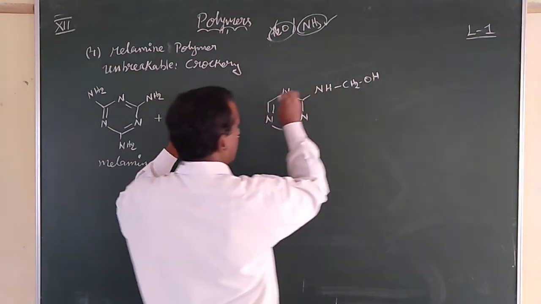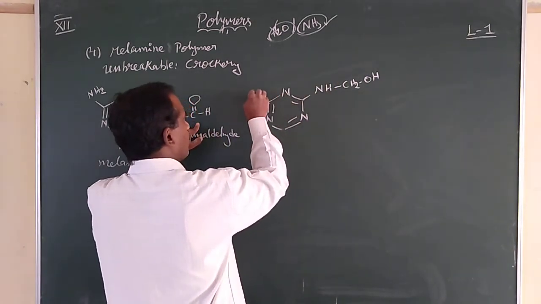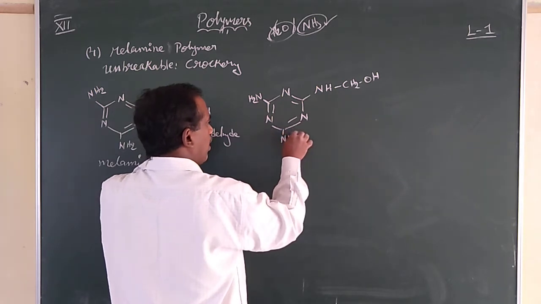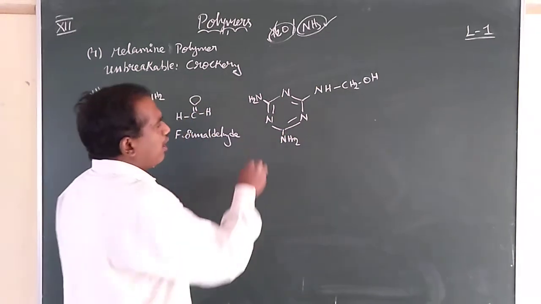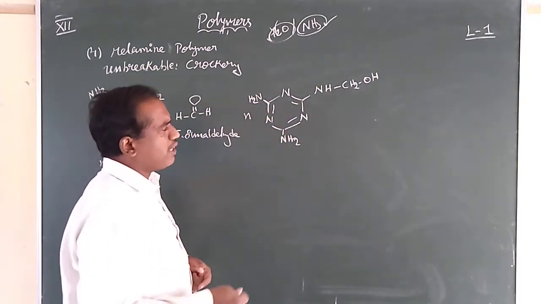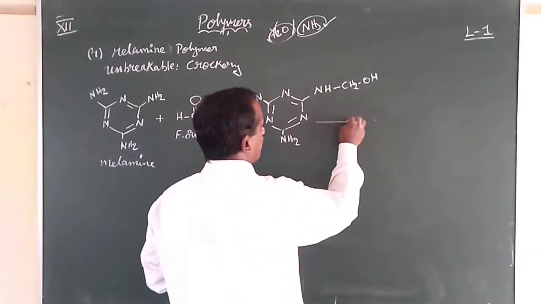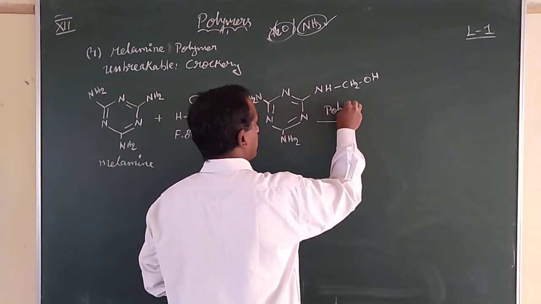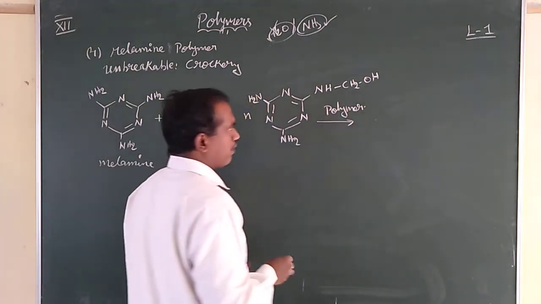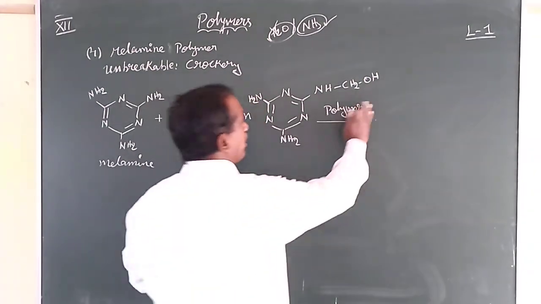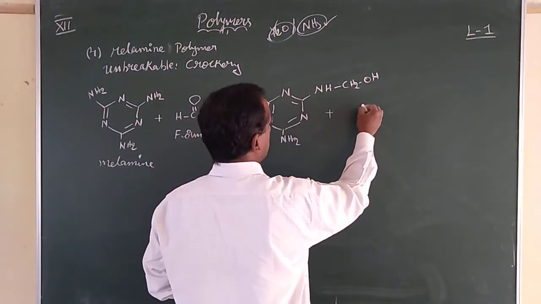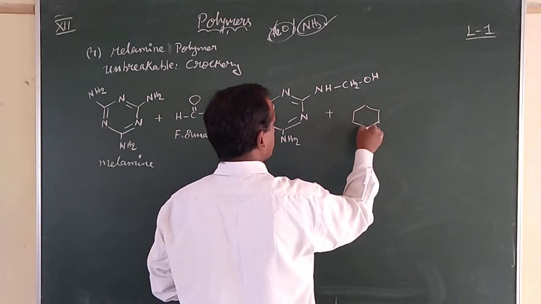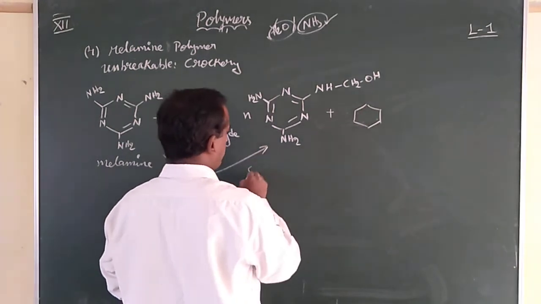It is forming NHCH2OH. The one that is formed here, if you take them in N number, will undergo the process of polymerization. Here I am saying another molecule of this type is there. Up to here step 1 is completed.